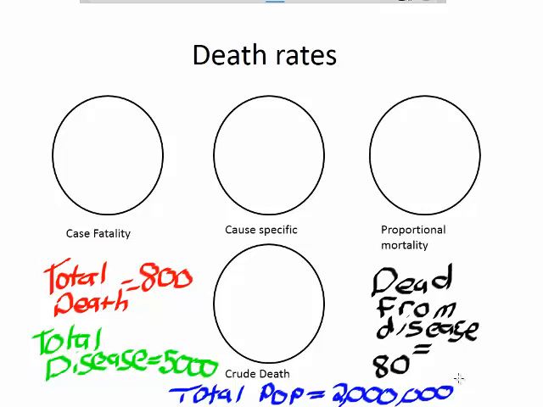But with all of that aside, we can calculate death rates a number of ways. The four ways that we're going to discuss now are the base root of those calculations.